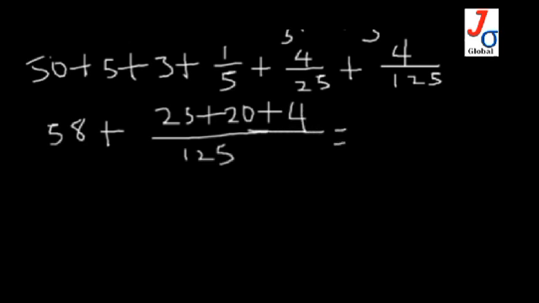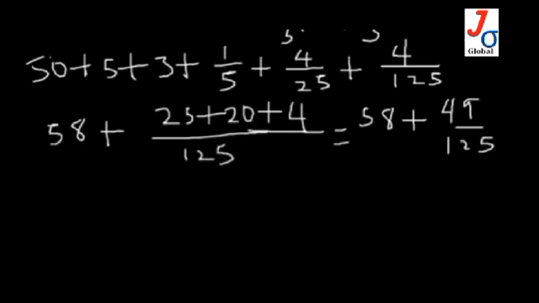So in total, I'm having 25 plus 20 is 45, plus 4, I'm having 49 divided by 125.